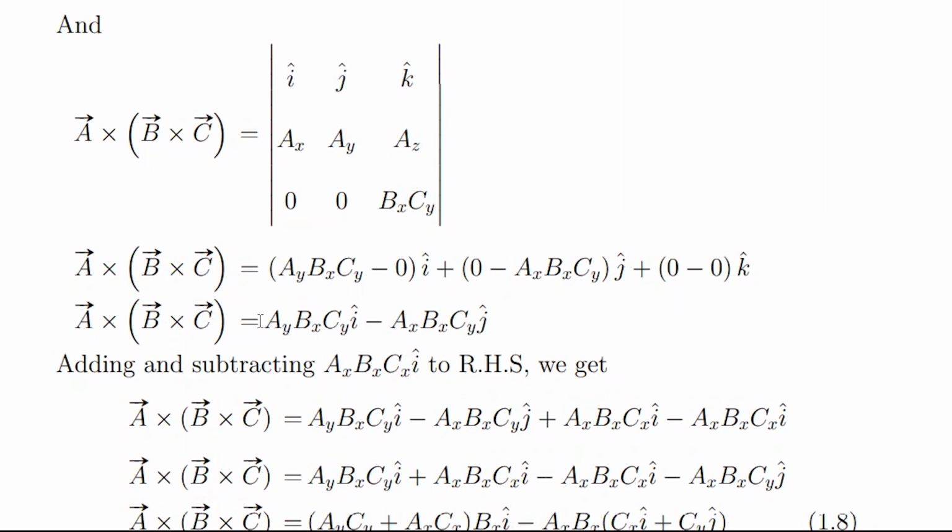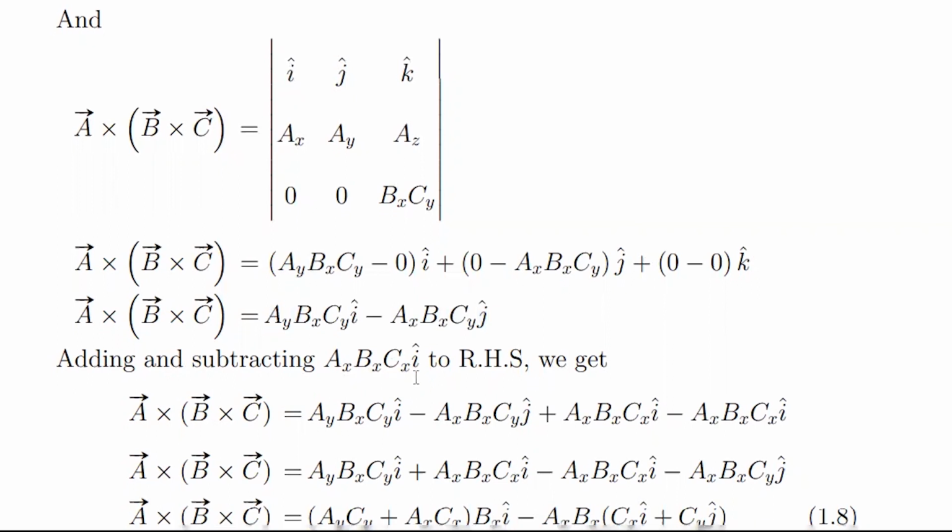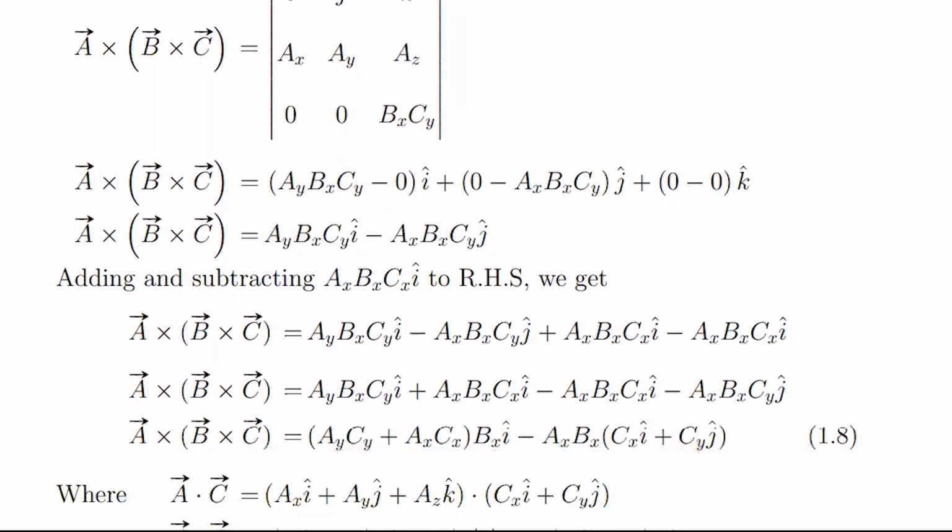Now, this is incomplete because here only Ay, Bx, Cy, and i and j components are involved. No third component is present. That's why we will add and subtract AxBxCx i. Like here, I am going to label this term, which we subtract and add in the above result.